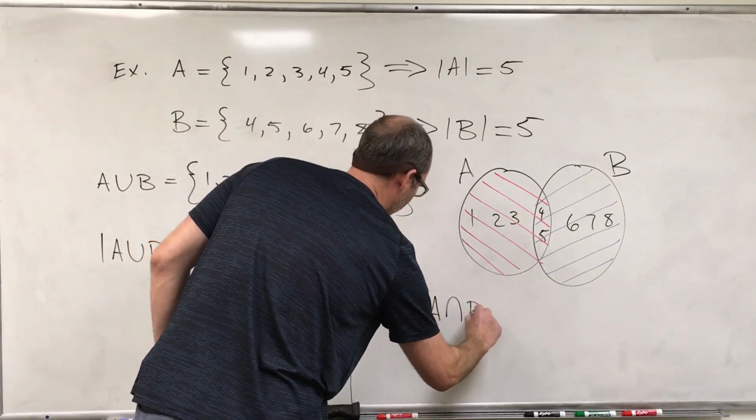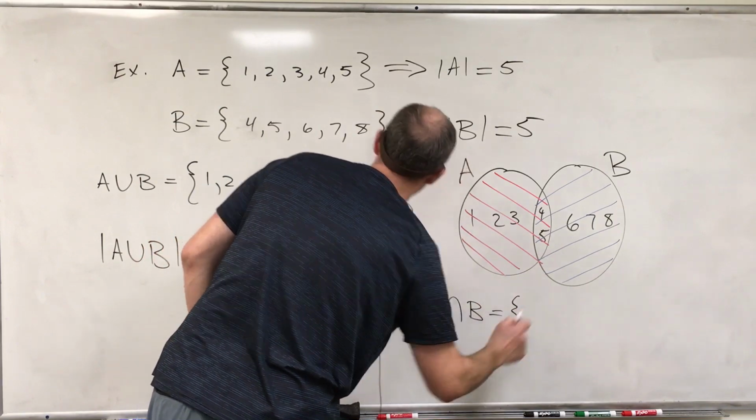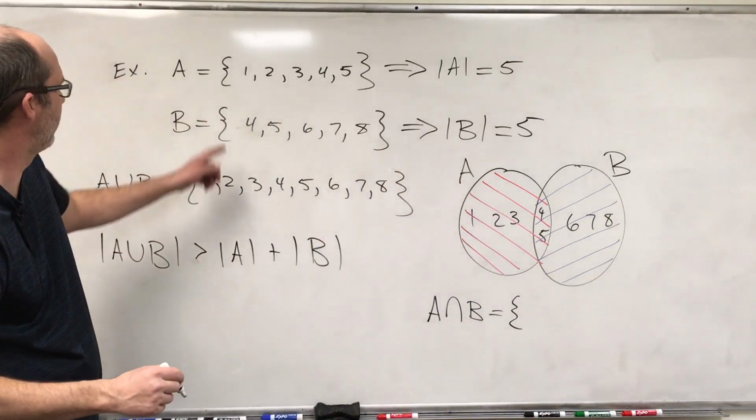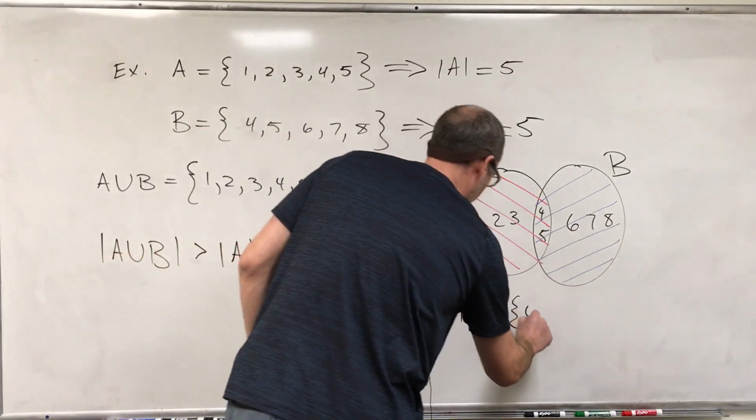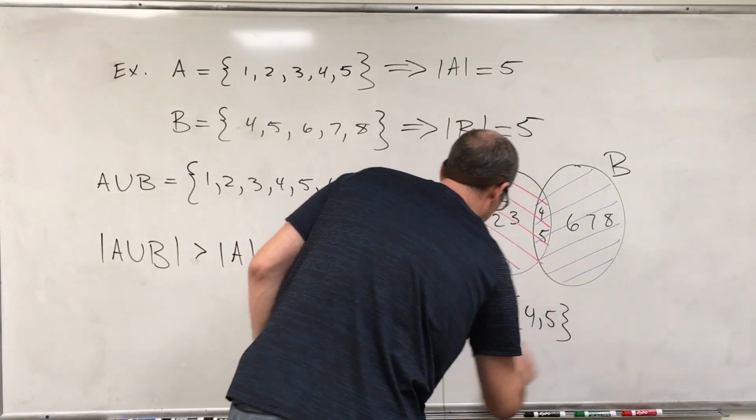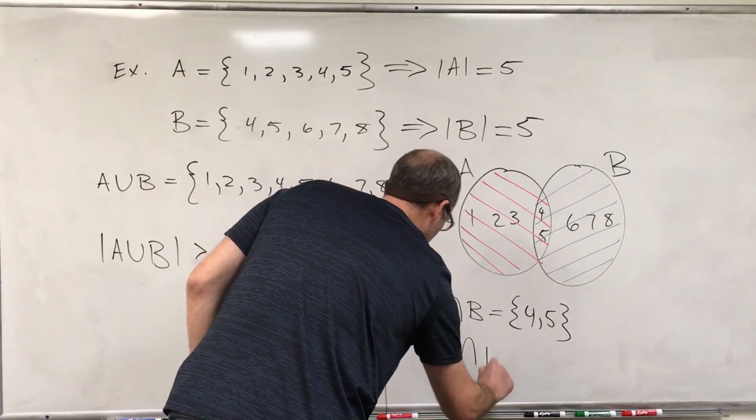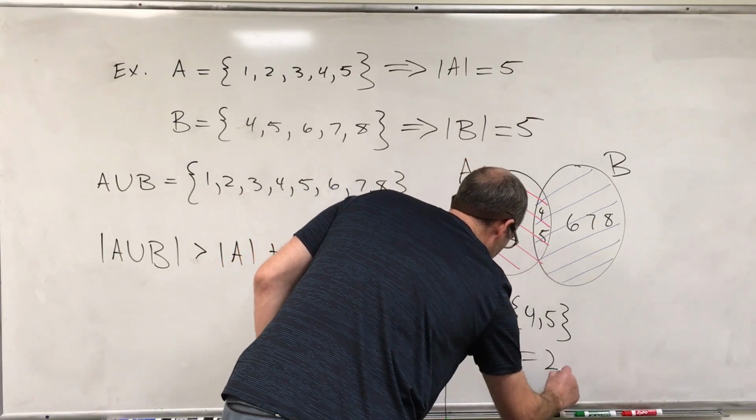A intersect B: what do they both have in common? They have 4, 5, so the cardinality of A intersect B is 2.